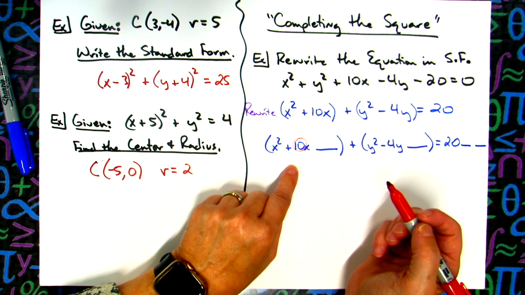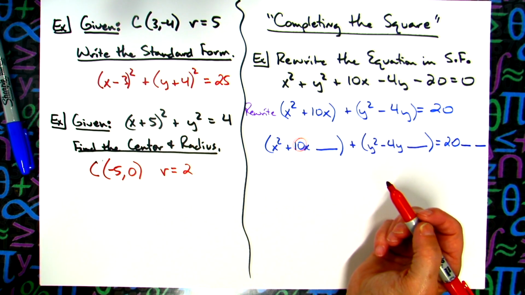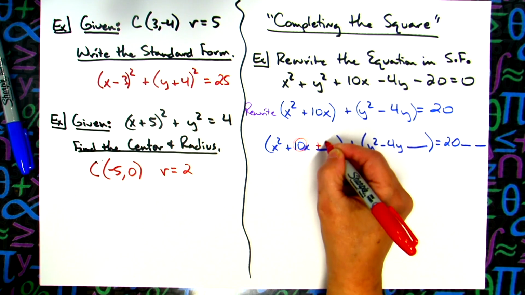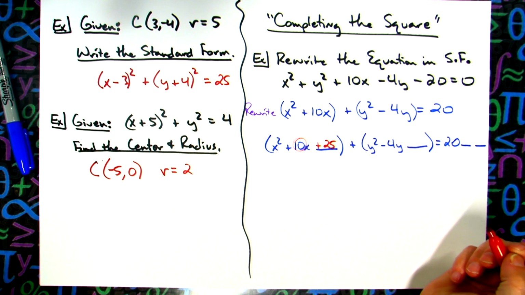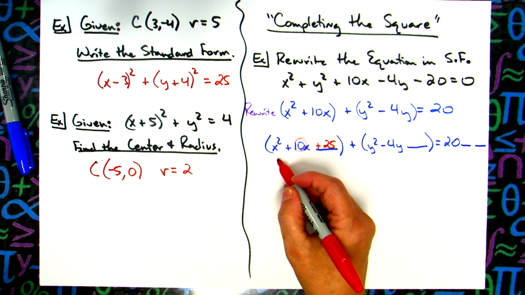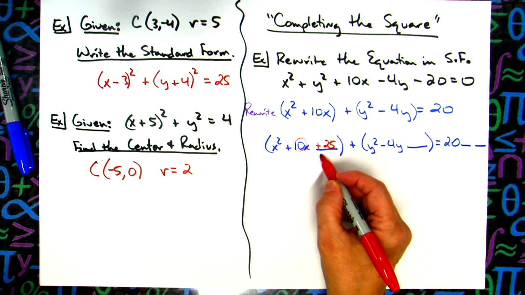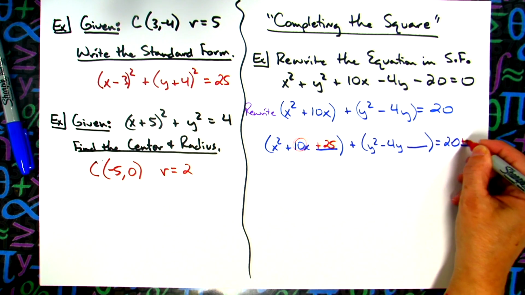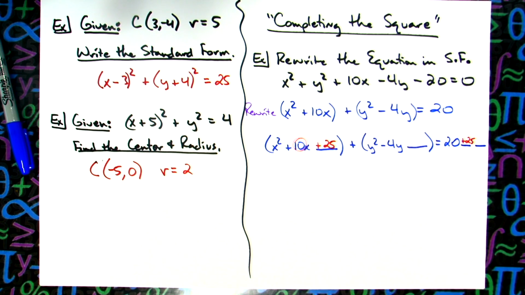Half of 10 is 5. Square 5. 5 squared is 25. So plus 25 is going to make that a perfect square trinomial. If I add 25 on the left, I have to add 25 on the right. There's just no way to get around that. Got to keep that balanced.